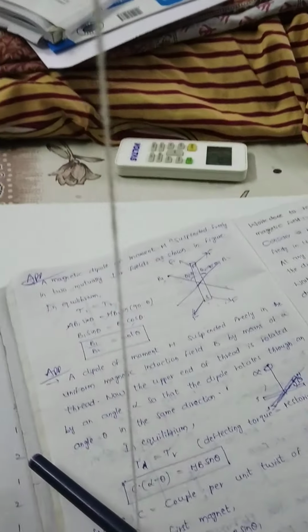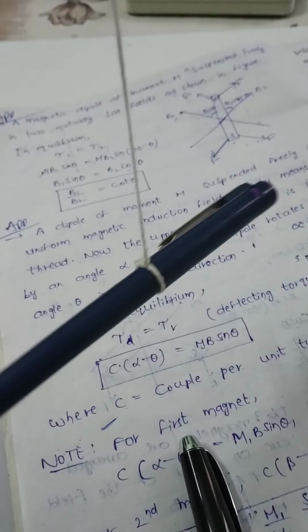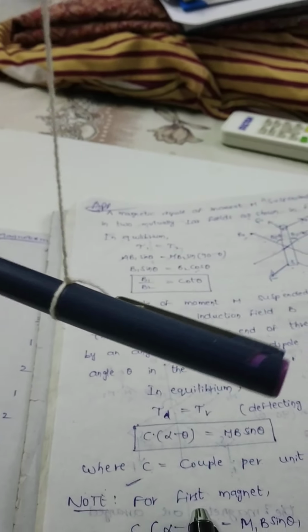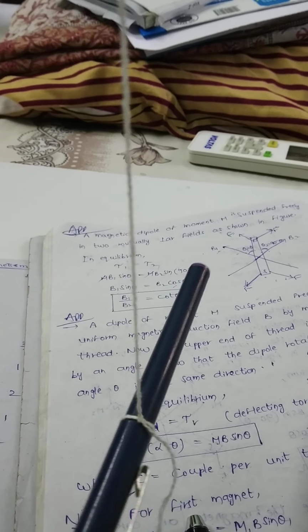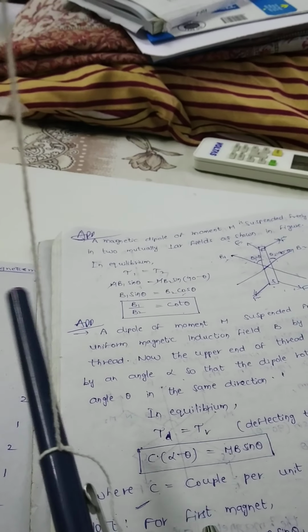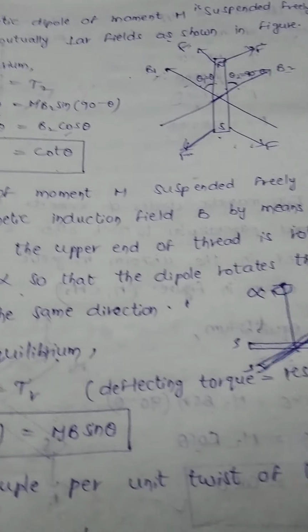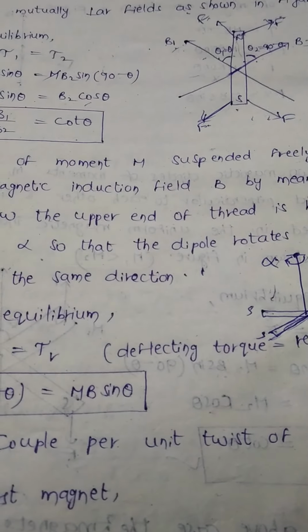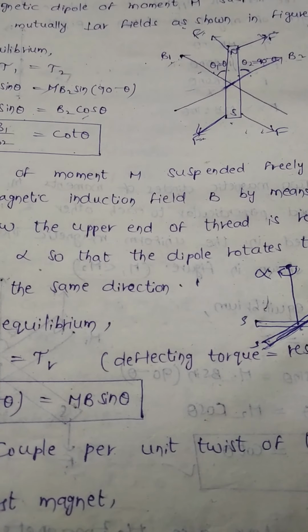See here, this is the dipole. Now it is suspended by means of a thread freely in the uniform magnetic induction field. Let the upper end of the wire be rotated by an angle, suppose 60 degrees. So the dipole is also rotated by an angle, suppose 40 degrees, in the same direction.